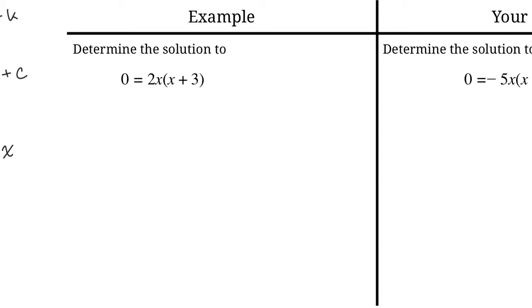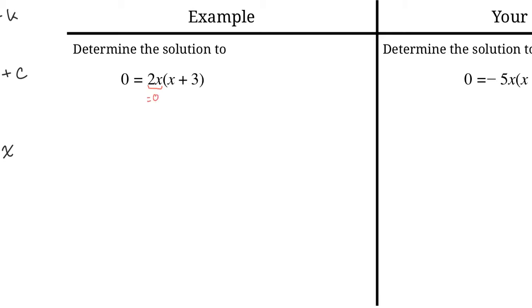We need to determine the solution to 0 equals 2x times x plus 3. So that means we're finding the value of x that makes this whole thing equal to 0. So I want you to think about something. What is anything multiplied by 0? Well, you should know that anything multiplied by 0 is just equal to 0. What if we had this first part of the equation equal to 0?